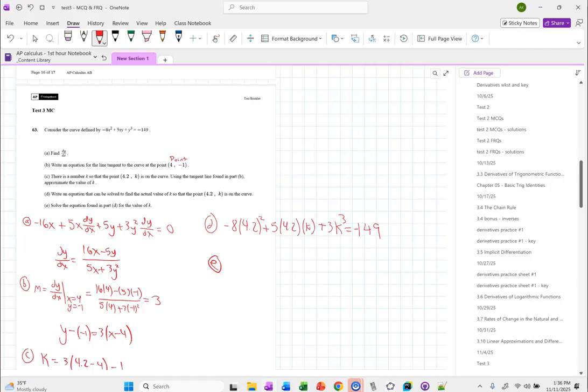I don't either. There's not a good method for it. Well, that's not going to help us to factor out a k because there's not a k in all the terms. Could you do the -8 times 4.2 squared, move that to the right, and then factor out the k with that?